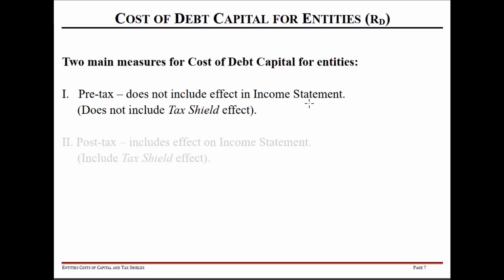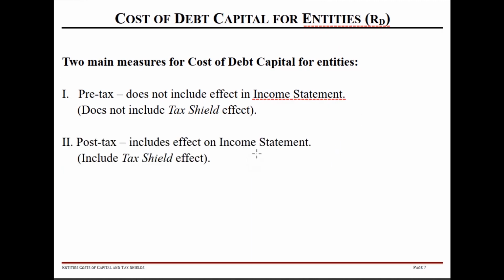And we've got here two main measures of our cost of debt capital for entities. Let's focus on cost of debt capital for a little while here. So the first one is pre-tax, and that does not include any income statement effect with tax. It does not include what we've started to call the tax shield effect.